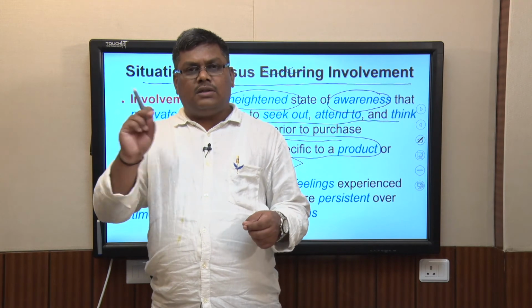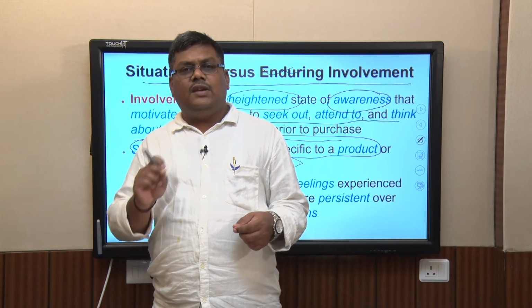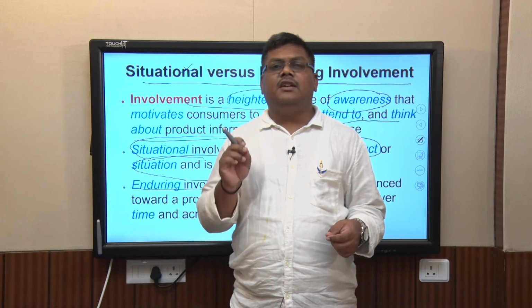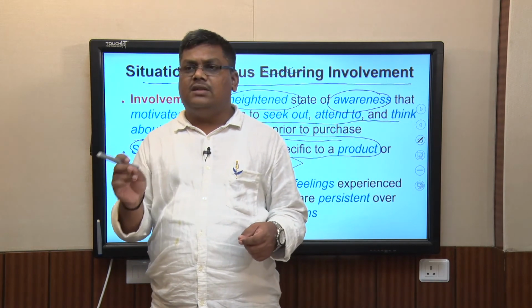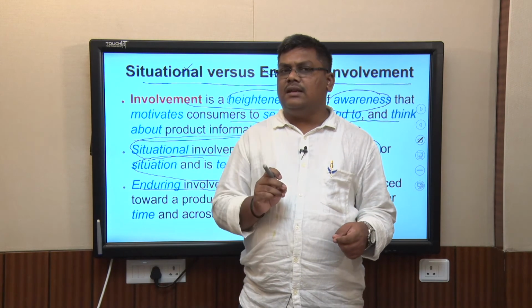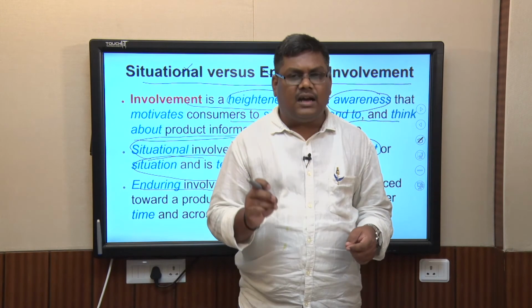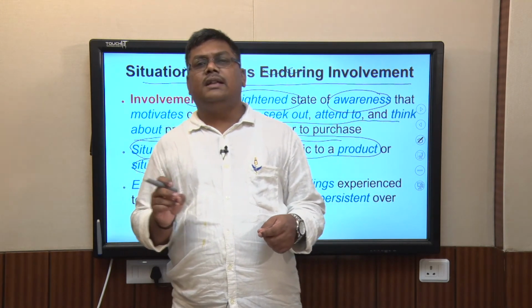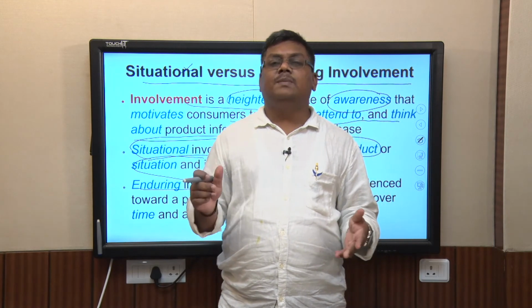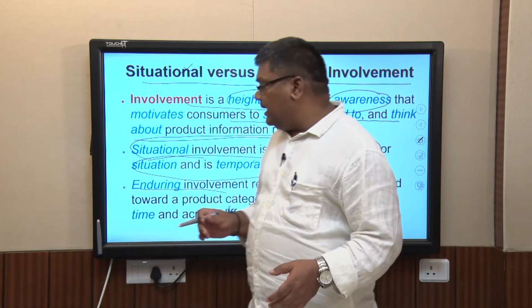The honeymoon user will interact with the car for a specific period of time, so the involvement is temporary. Once used, he will throw it away. But the person who is an enthusiast of cars, who likes the car, who wants to use the car, or gets influenced and excited by the car, has enduring involvement.